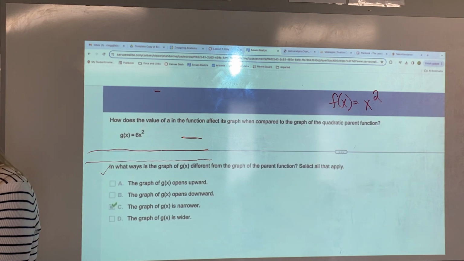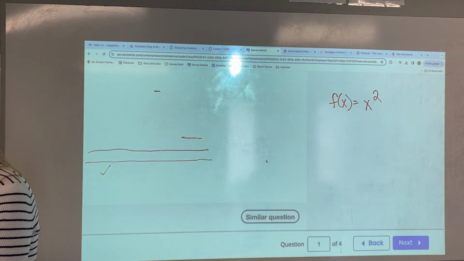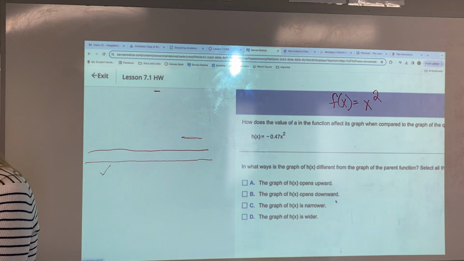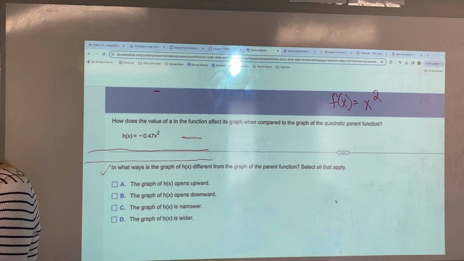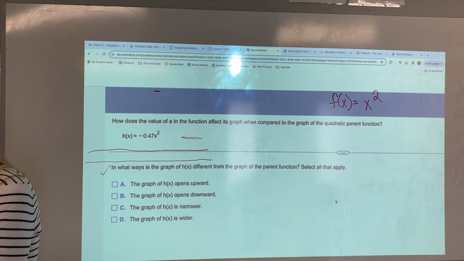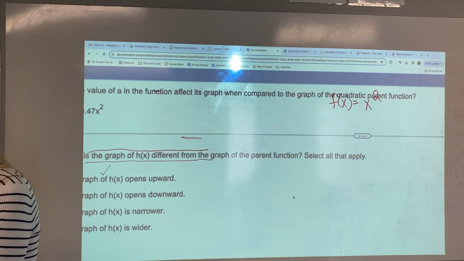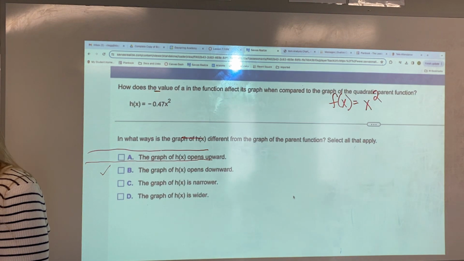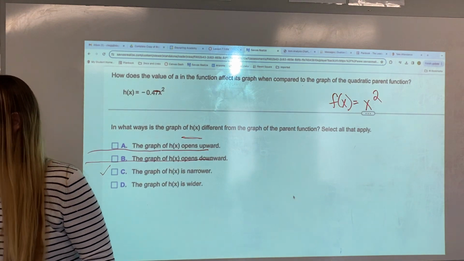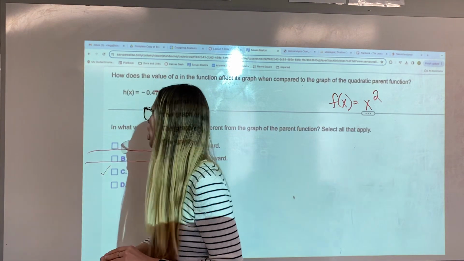Okay. Last question. How does the value of A in the function affect its graph when compared to the graph of the quadratic parent function? Same exact question, different little baby.